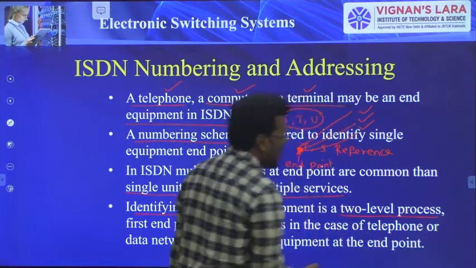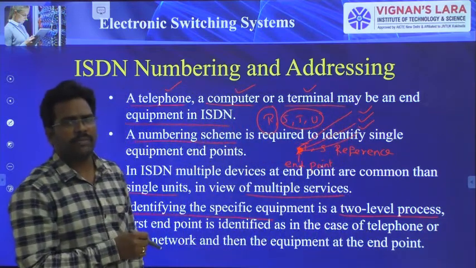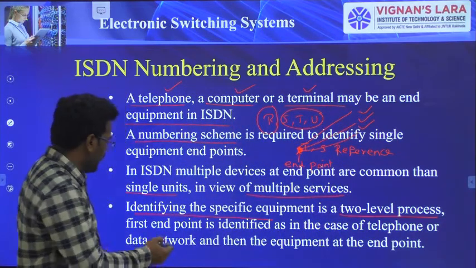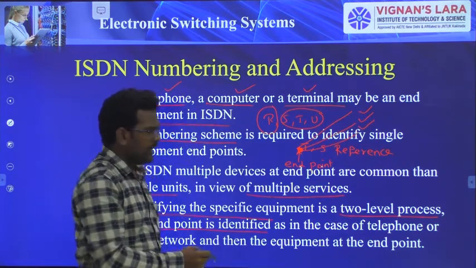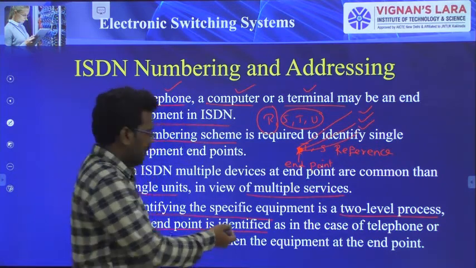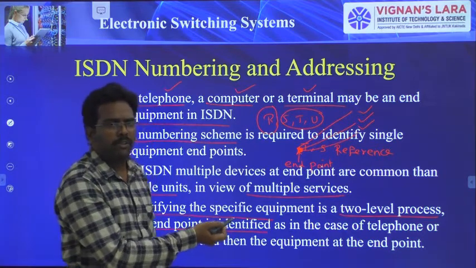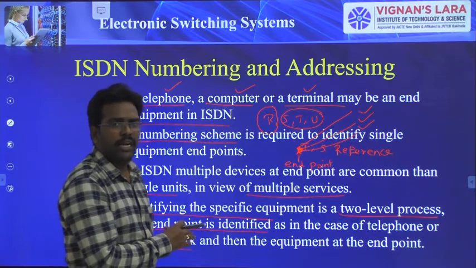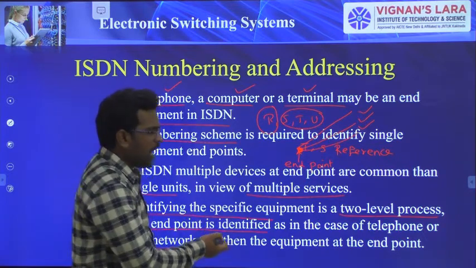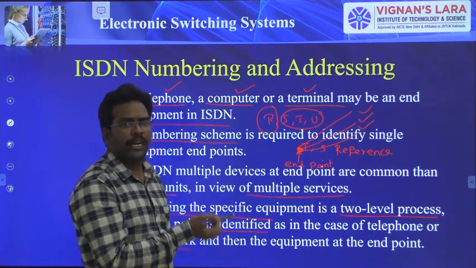First, it has to identify the endpoint in the network. So first the endpoint is identified, which may be a telephone or some data network. After identifying that, the next step is to identify the equipment at the endpoint.